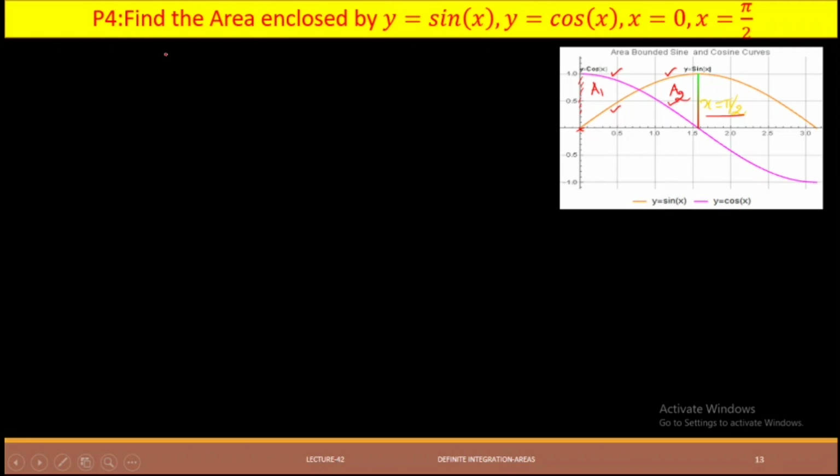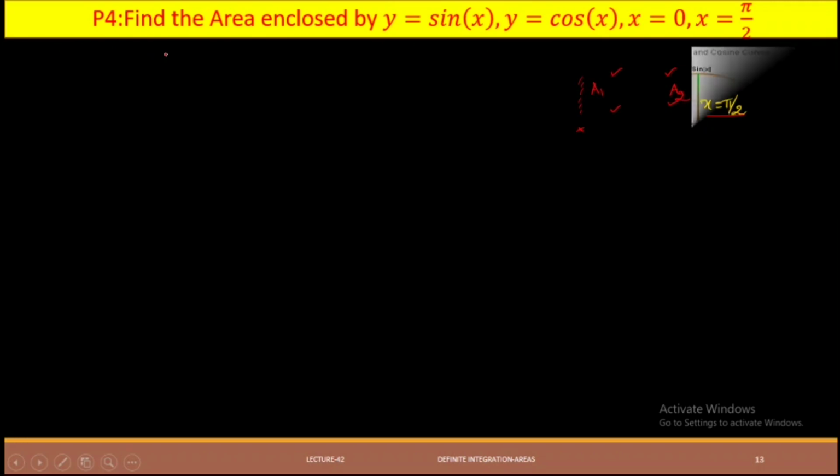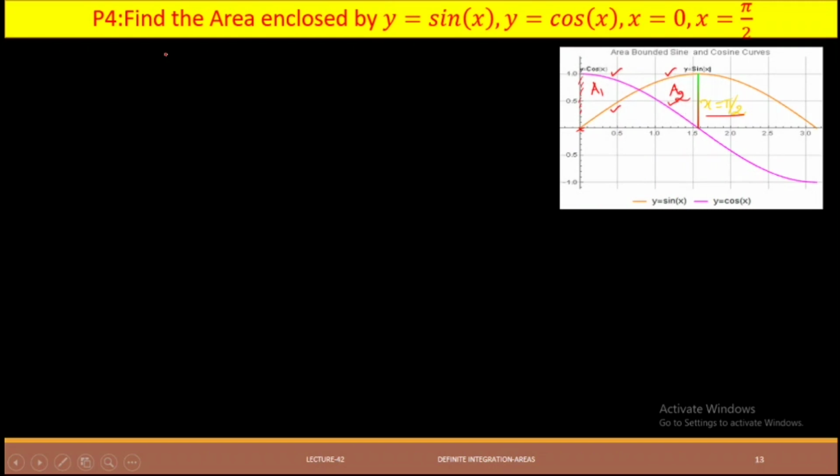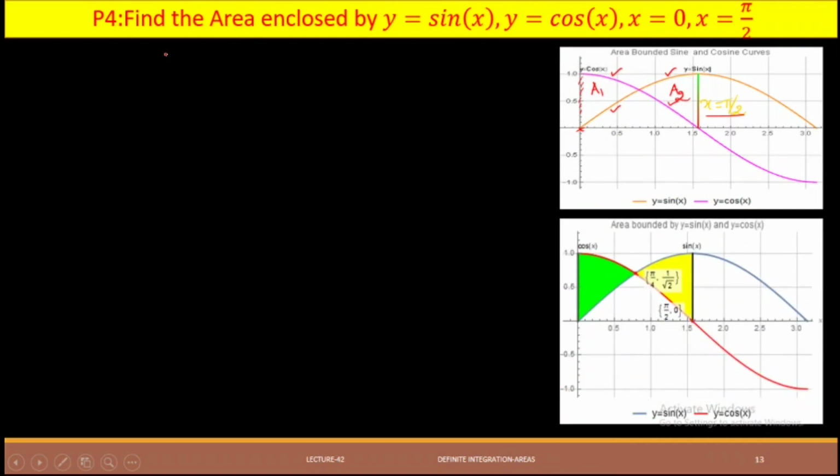So let me show you the shaded region. This green color part is A1, and this yellow color part is A2. So the required region A is equal to A1 plus A2. So how will you find out A1?